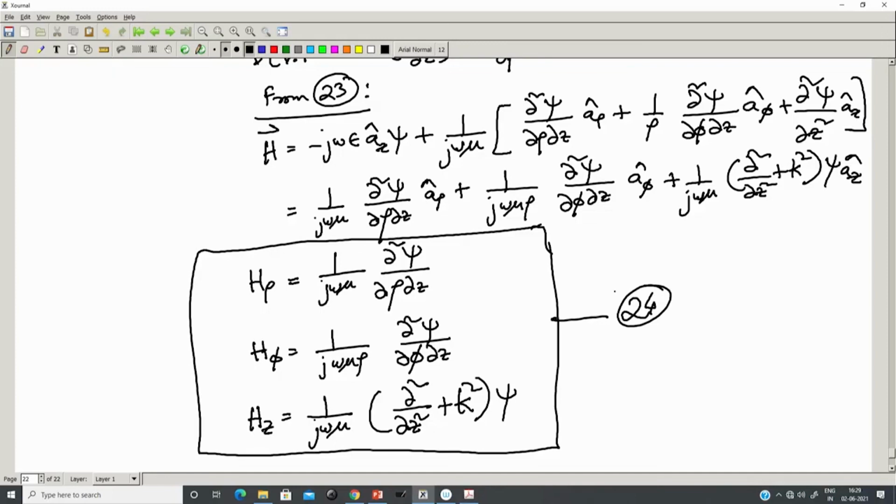So, this completes the derivation of the TE to Z and the TM to Z electric and magnetic fields in the cylindrical coordinate system. The simple conclusion is that A equal to uz psi leads to the TM to Z modes as in the rectangular waveguide, and the substitution F equal to uz psi yields the TE to Z modes, also similar to the rectangular coordinate system. So, let us stop here.